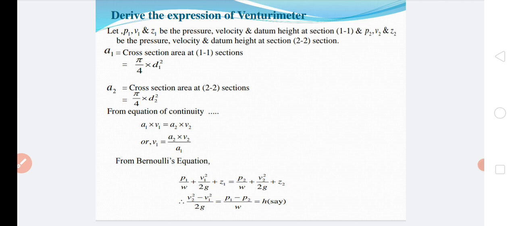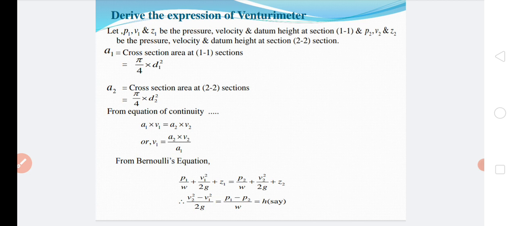From the equation of continuity, A1 V1 equals A2 V2. From this equation we can easily calculate V1 equals A2 V2 upon A1.